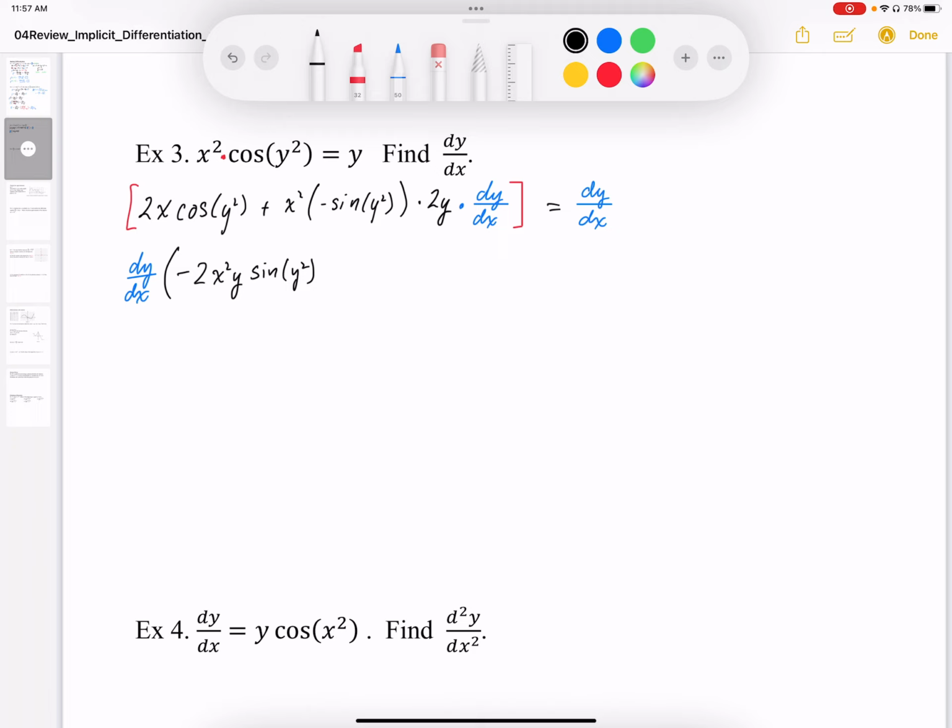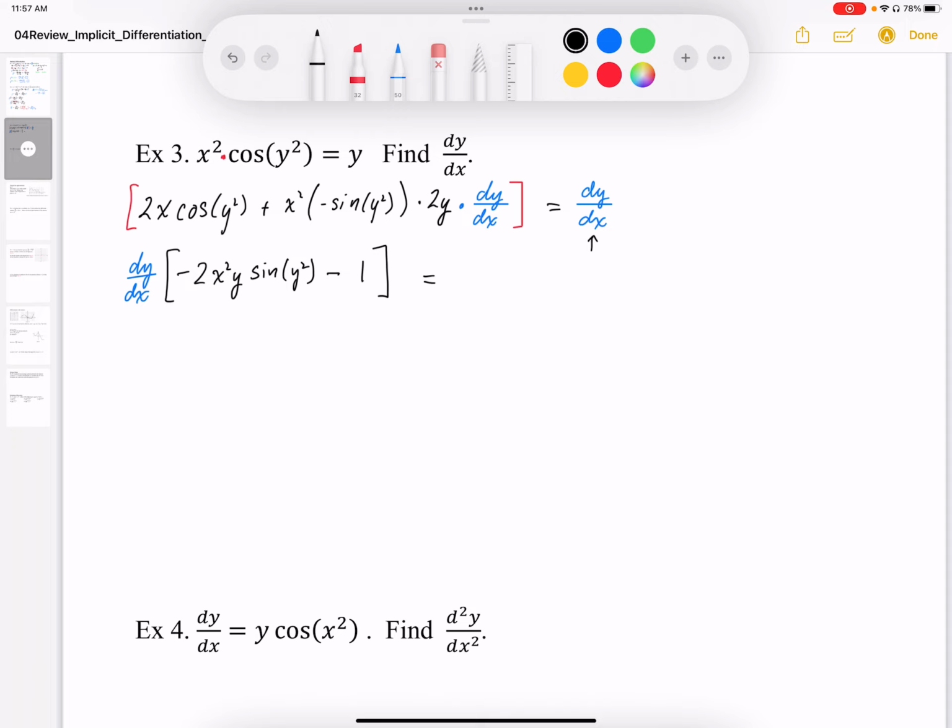The dy by dx on the right-hand side becomes minus, so I still have the minus 1 on this side. Okay, so that represents the dy by dx terms.